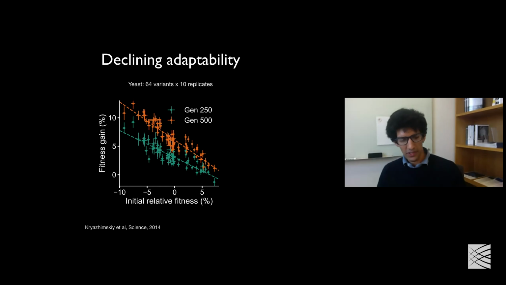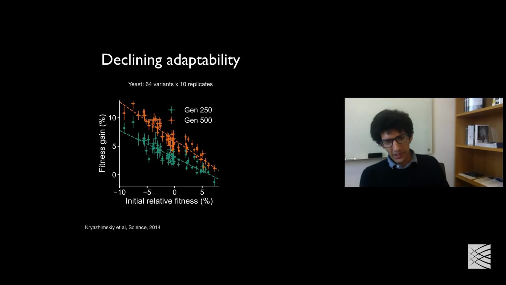In this experiment, 640 different populations of yeast were evolved for 500 generations. Of these 640 populations, there were essentially 64 different variants and 10 replicates of each variant. I'd like you to pay attention to basically two facts here.